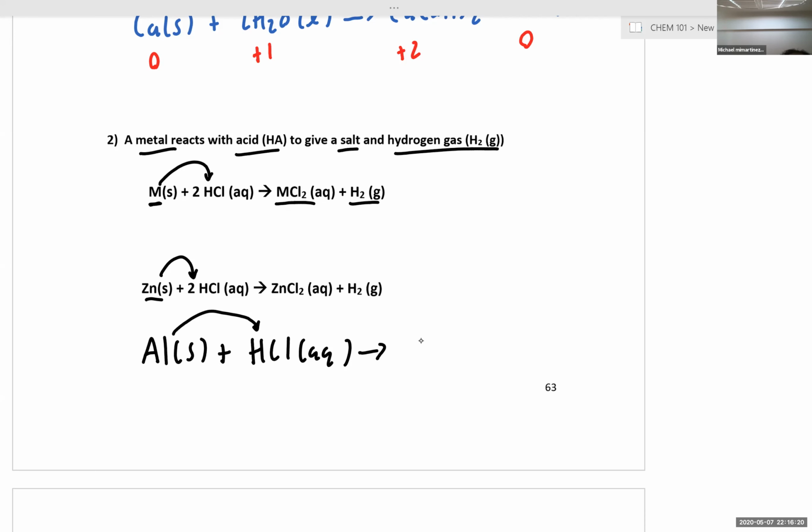Aluminum chloride, exactly right. And then we can balance this equation using normal methods. So as we can see in a displacement reaction, a pure element replaces another element in a compound to yield a new compound and a new pure element.